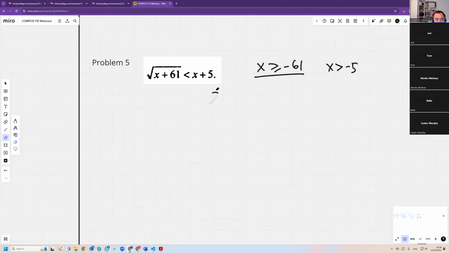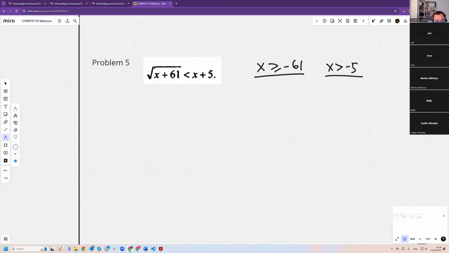Okay. Now, once we have the limitations in place, you can see that this limitation is not needed because we already have this limitation. So this is redundant, right? Because if x is greater than -5, of course it is greater than -61.